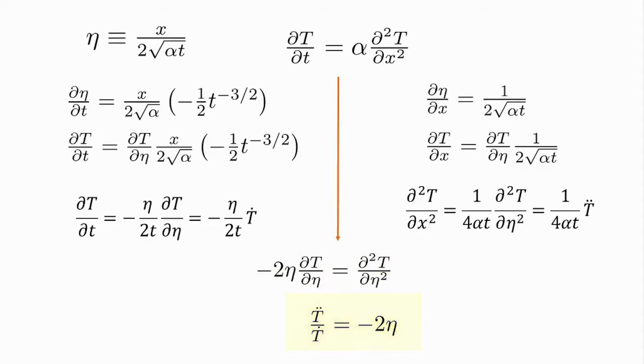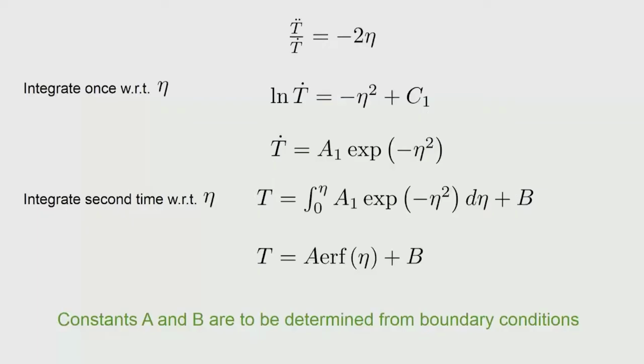Okay. Now, what we do is that we want to integrate this with respect to eta. So, with respect to eta, if you integrate, now you could look at this expression to be as follows. It is basically 1 by T dot and ∂T dot by ∂η, okay, is equal to minus 2 eta. That is what it looks like.